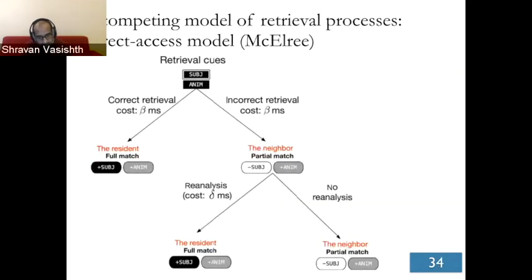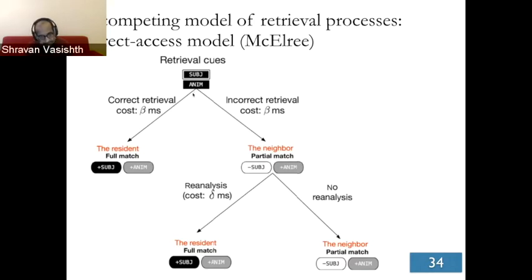So this model is slightly different from the ACT-R model in the sense that it assumes that whenever the system, the parser, tries to retrieve a noun with certain features like subject and animate, one of two things can happen. The first thing that can happen is that you access the subject correctly. So that would be a correct retrieval, and that would take beta milliseconds.